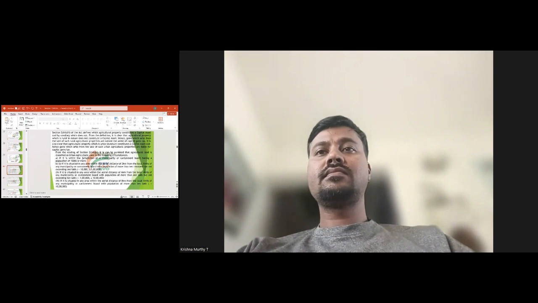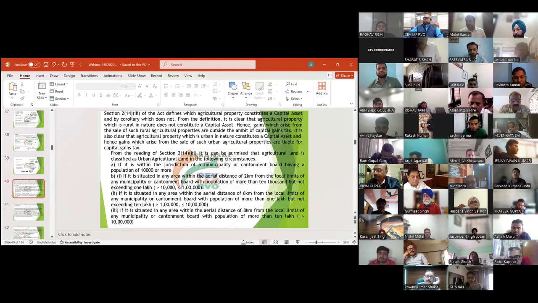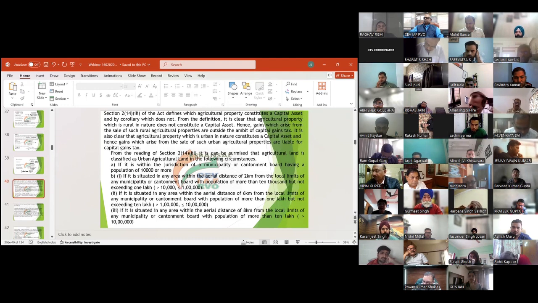Hence, gains which arise from the sale of such rural agricultural properties are outside the ambit of capital gain tax. It is also clear that agricultural property which is urban in nature constitutes a capital asset. So remember, if a property is urban agricultural, it will attract capital gain. But if it is a rural agricultural property, it will not attract capital gain.